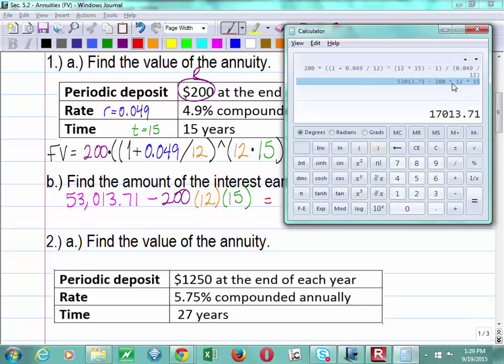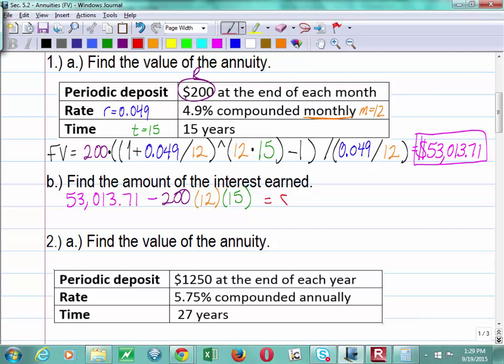And remember, we have to use the multiplication symbol on this computer calculator. So that gives us $17,013.71. So that's the amount of actual interest that was earned.